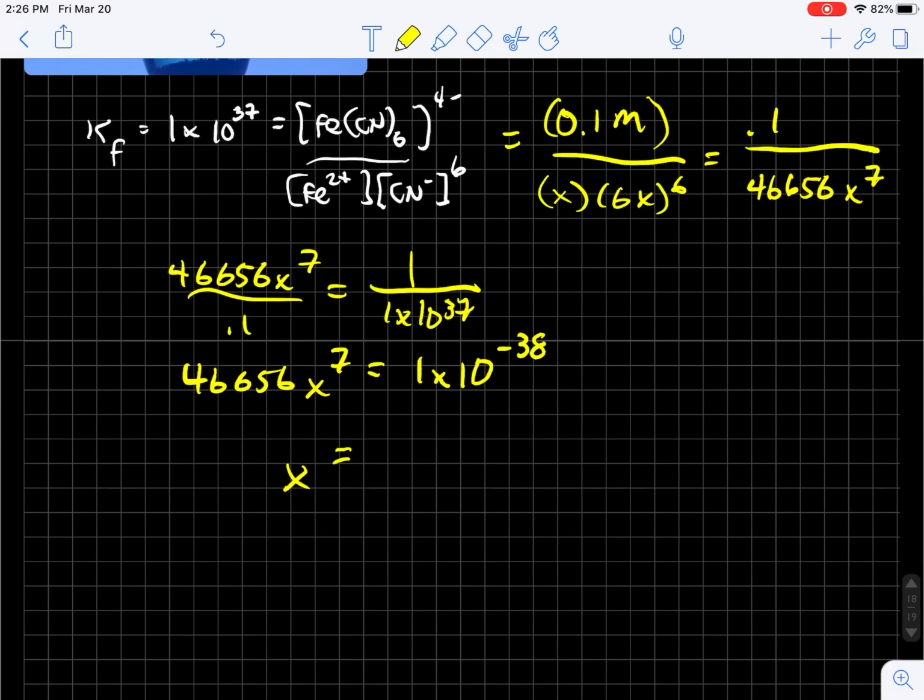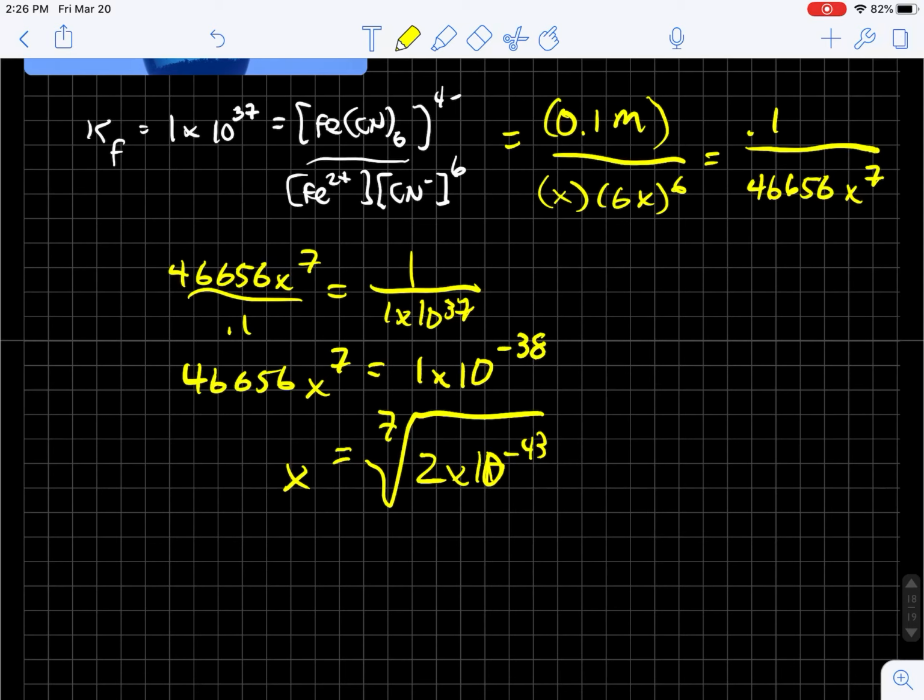Now I can solve for X. So I take 1 exponential negative 38 and I divide that by 46,656. And that means I have to take the 7th root of 2 times 10 to the minus 43.